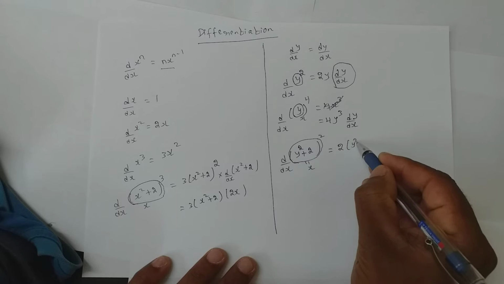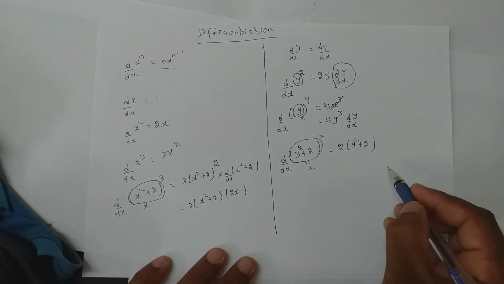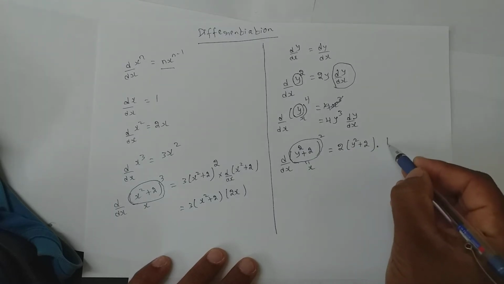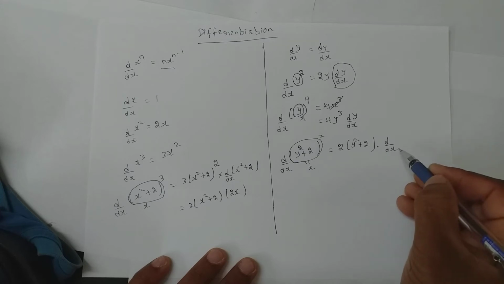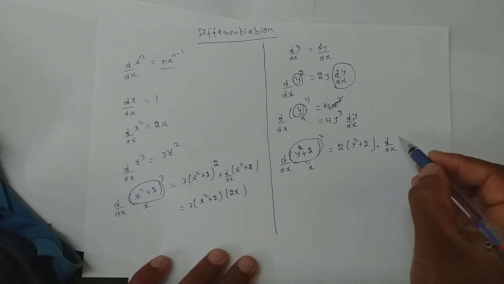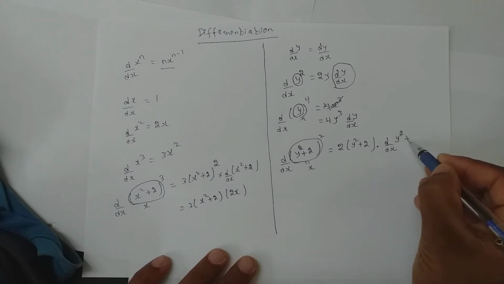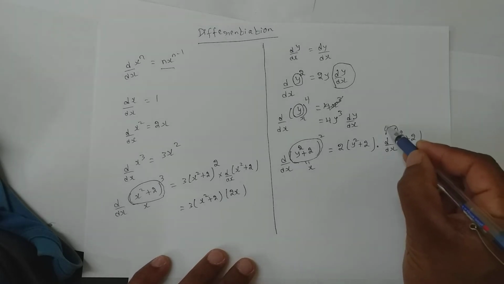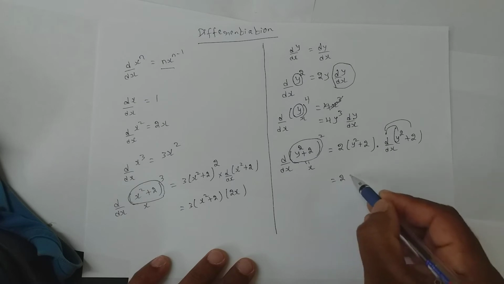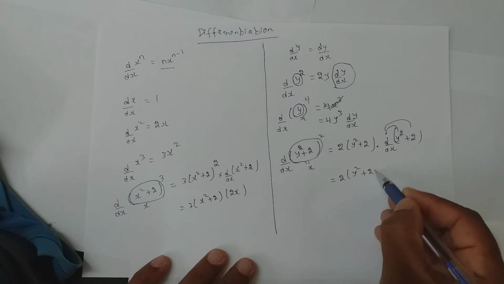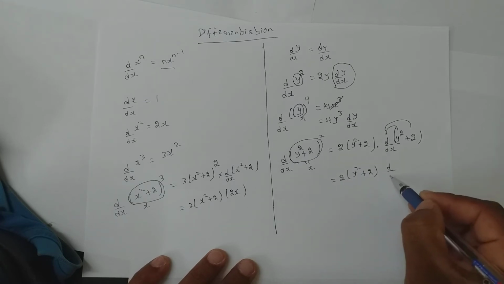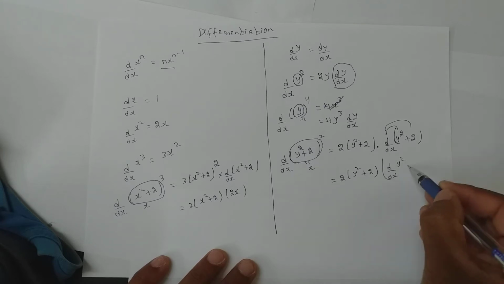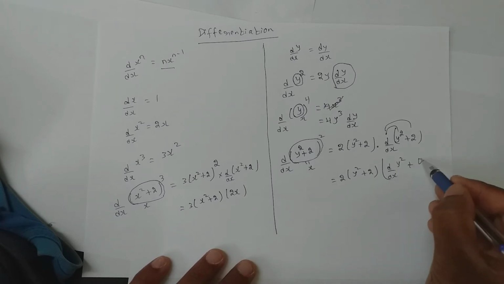In place of x you have got y square plus 2 into d by dx of, in place of x, whatever you have assumed. So y square plus 2 in brackets. This gets applied to each of it. So it is 2 into y square plus 2 into d by dx on y square, and when it is applied on 2, result is 0.